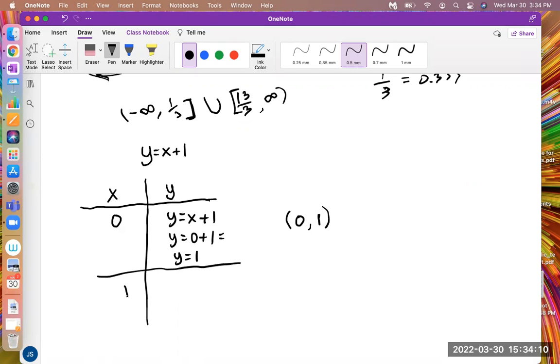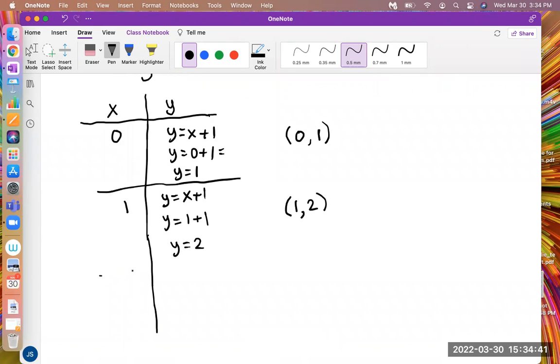Then we would do it again. Given another x value, I would plug it into the equation. So x equals 1, and then I would simplify and get y equals 2. So when I plugged in a 1 for x, I got a 2 for y. Okay, let's just do one more.